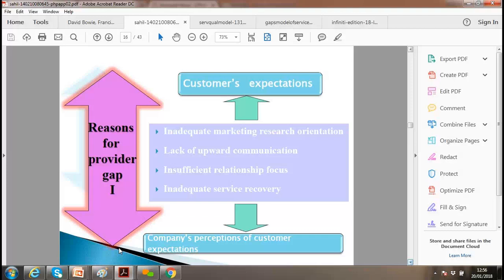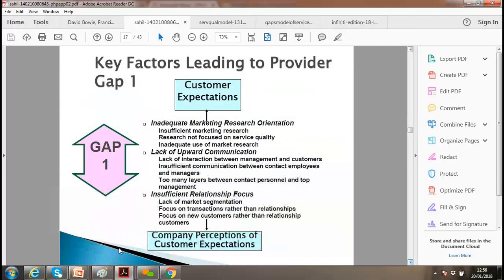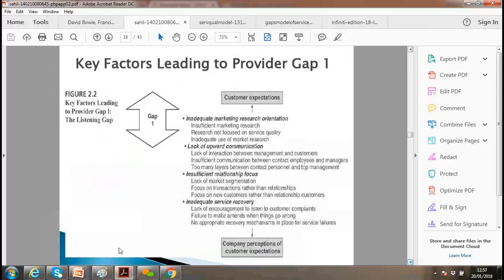Inefficient relationship focus, inadequate service recovery. So the key factors leading to provider gap one are inadequate marketing research, lack of upward communication, as we said, and insufficient relationship focus. So these are the points we need to look at under gap one. Then we have gap two.